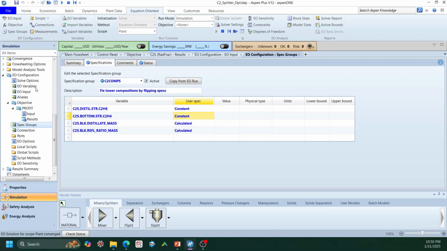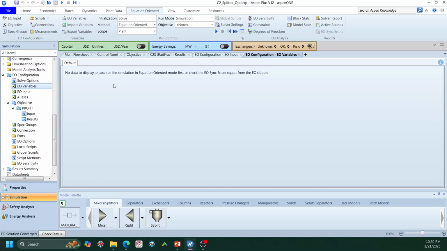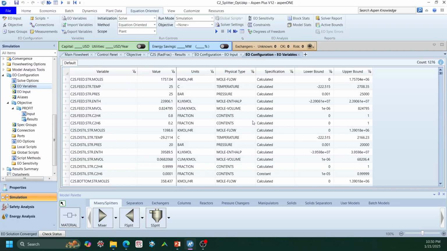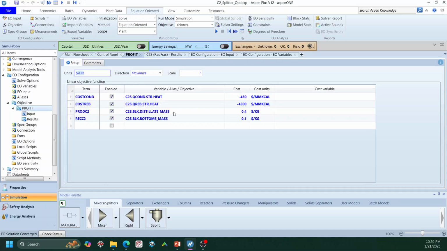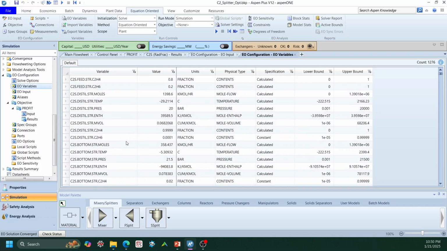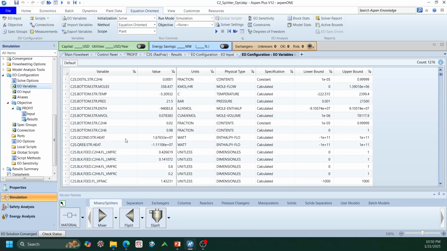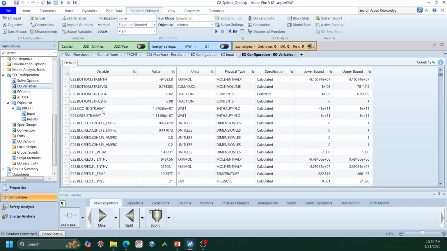Yeah, we have all the variables over here, right? And then we can see, for example, if we want to see the objective again, profit. Let's scroll on this condenser.